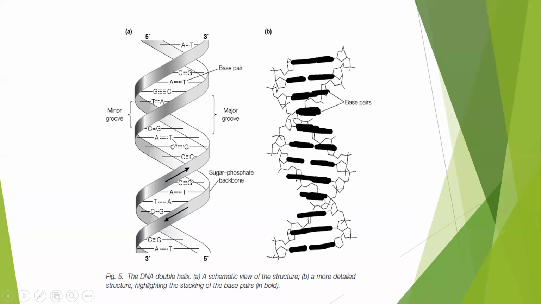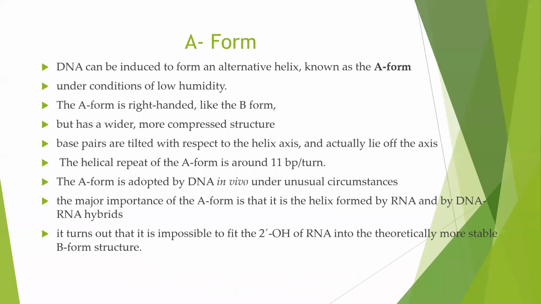When it is AT base pairing, they are held together by 2 hydrogen bonds, and we have well-defined major groove and minor groove. Both the strands are anti-parallel to each other, and this diagram shows the stacking of the nitrogenous bases one above the other. So these are all the characteristic features of the B form of the DNA.